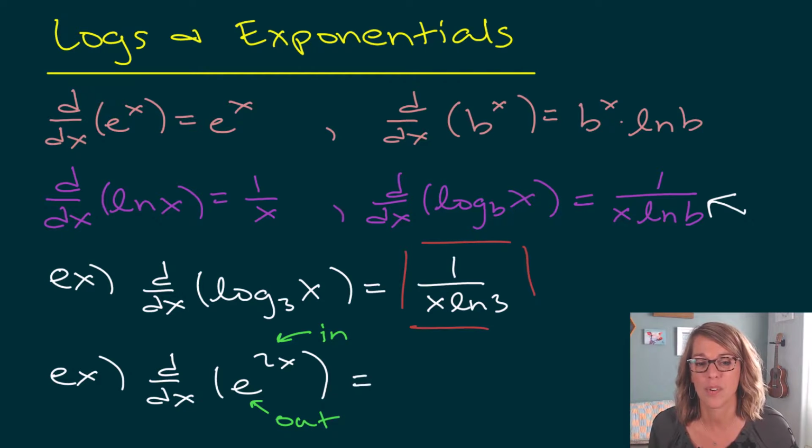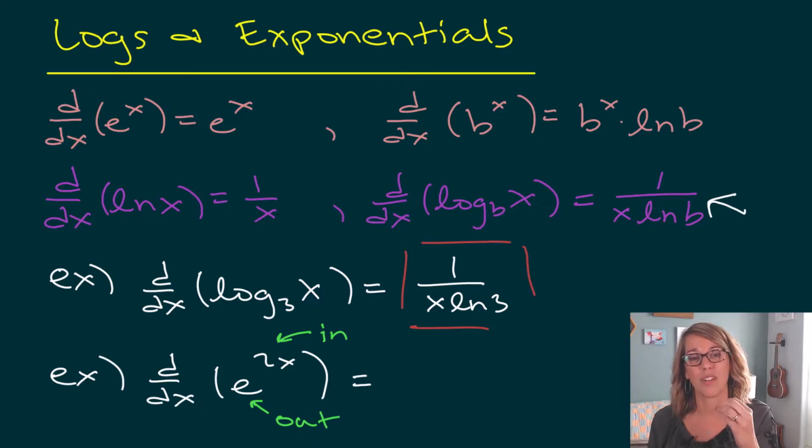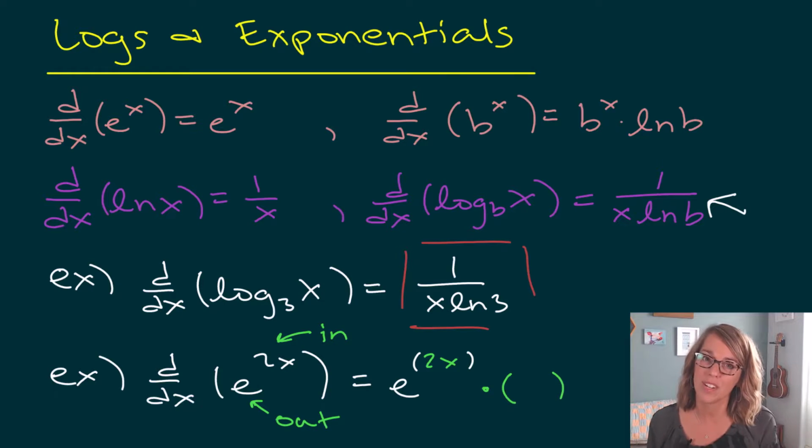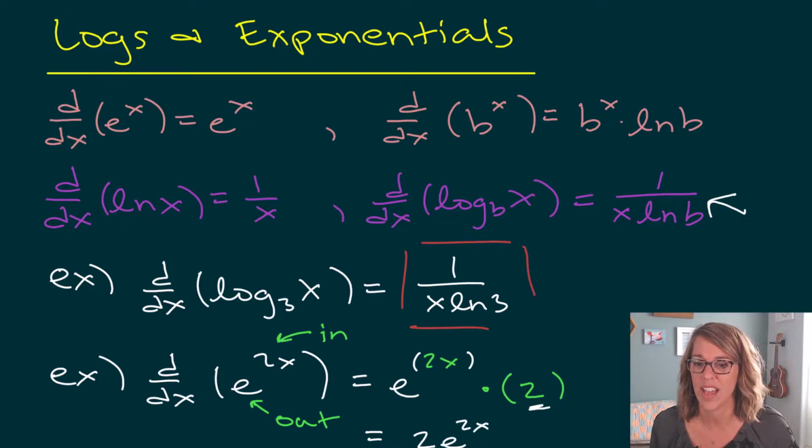So this tells me the order to follow. I want to take the derivative of my outer function first. e to the whatever is e to the whatever. Let's put that inner function in, 2x. And then I'm going to chain on the derivative of my inner function. The derivative of 2x is 2. I can clean that up and write that as 2, that's this 2 here, e to the 2x.